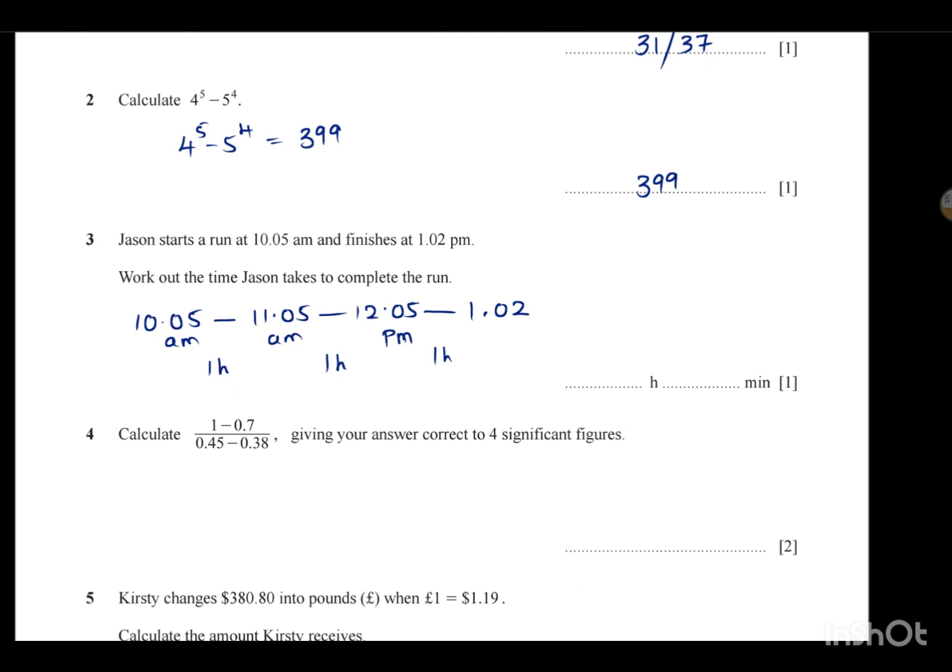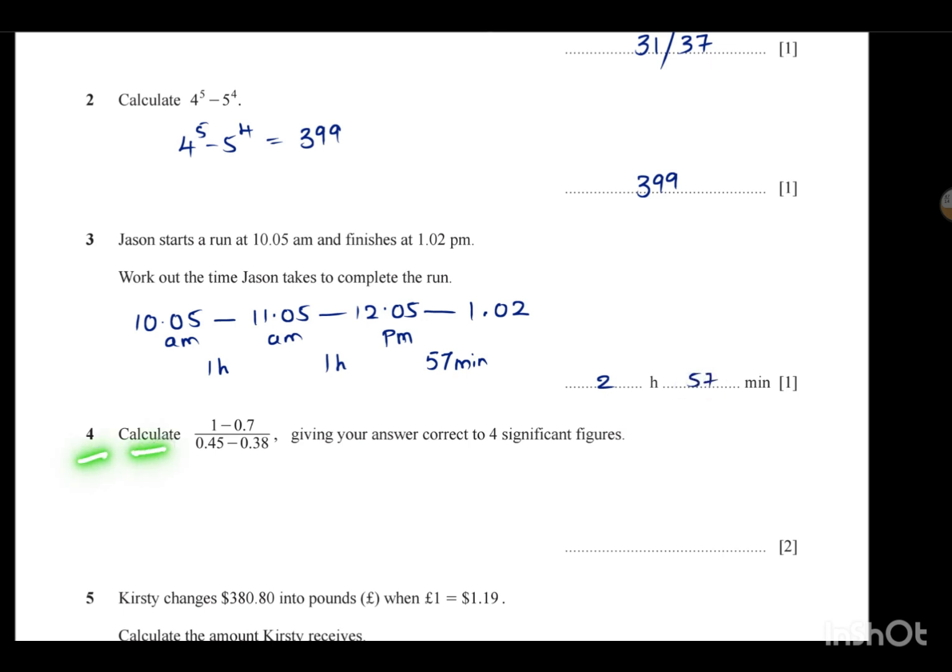These two are complete 1 hour because 10:05 to 11:05, 11:05 to 12:05 is 1 hour, but 12:05 to 1:02 is 3 minutes less than 1 hour, that is 57 minutes. So our answer should be 1 plus 1, 2 hours and 57 minutes.